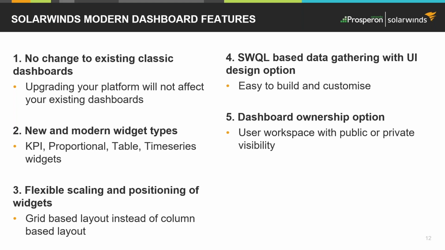And for widget types, currently this modern dashboard comes with 4 different widget types, but in future releases we expect more additional widget types. Especially KPI and proportional widget types are interesting. We will look in detail at how we can configure them and how they can be beneficial for us to show high-level overview data for SolarWinds.